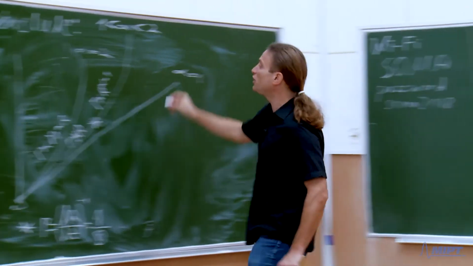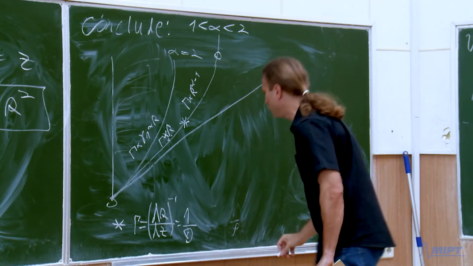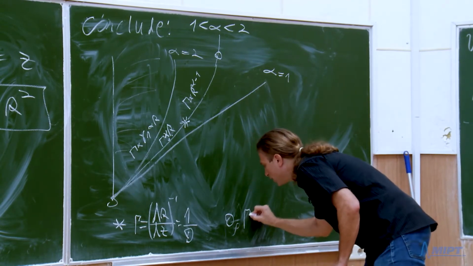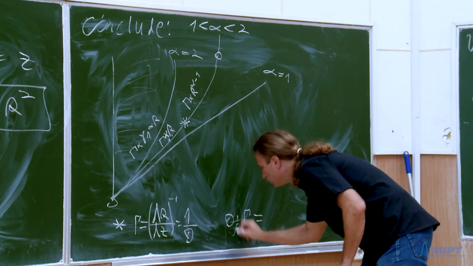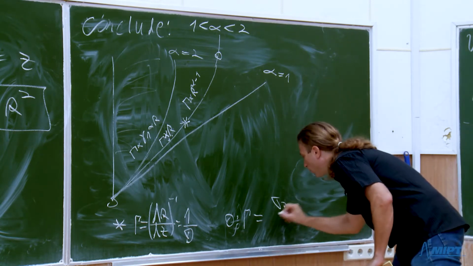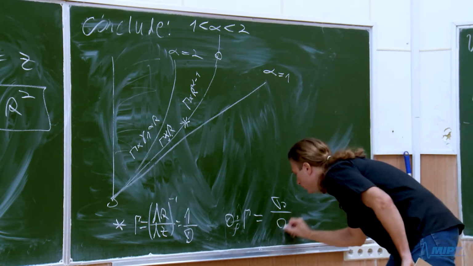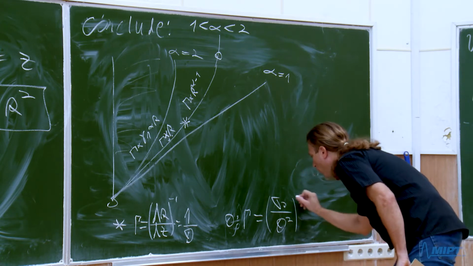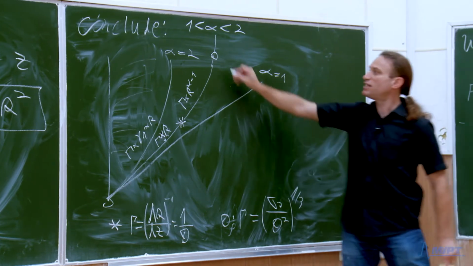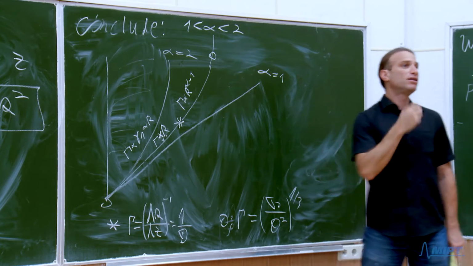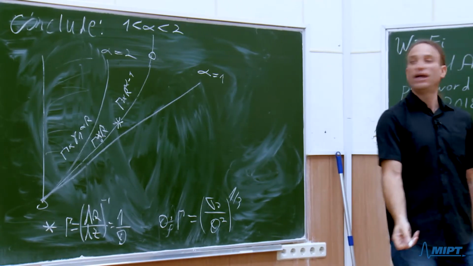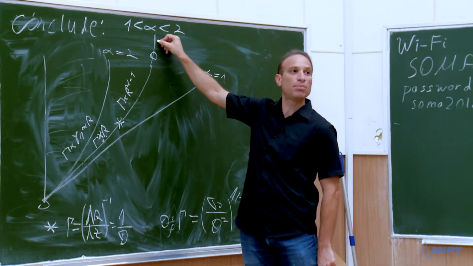But eventually I will reach a point, this circle, and this circle tells me that gamma is now equal to sigma 0 divided by theta squared, to the power of 1/3. At this point, I'm so fast that I'm becoming super fast magnetosonic. From this point on, what is happening?